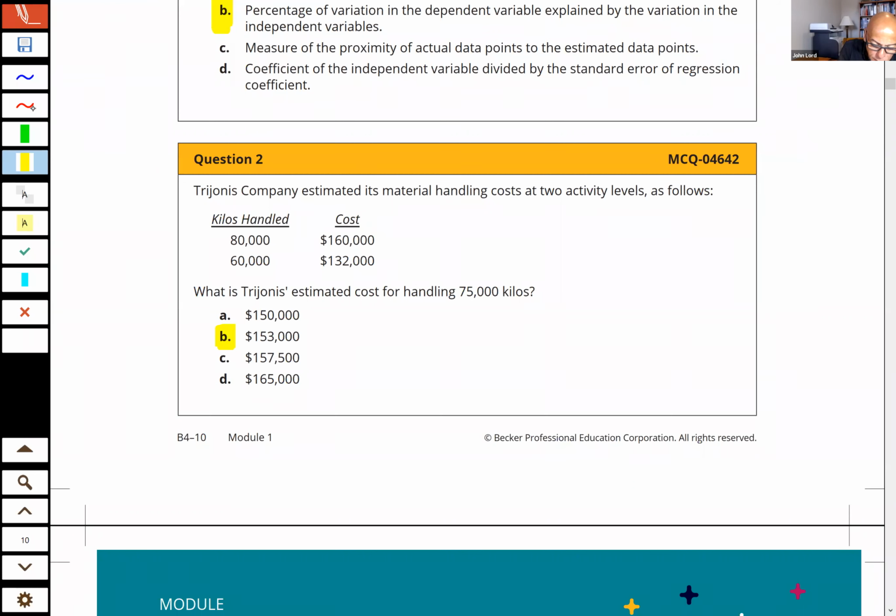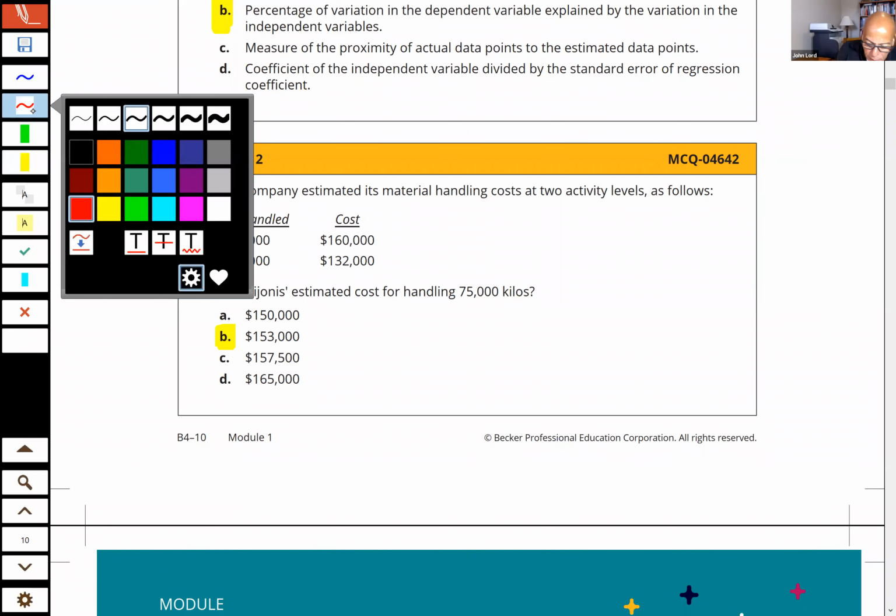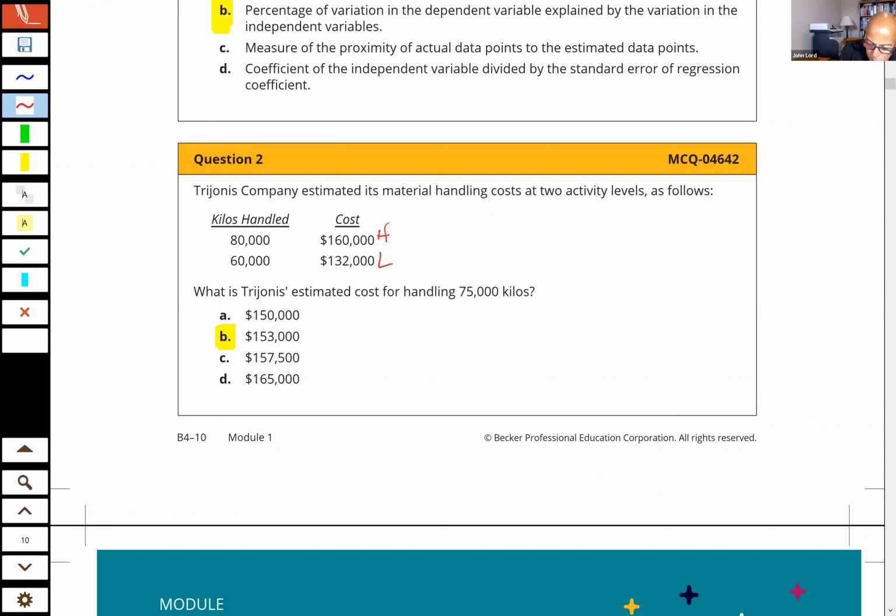They give us these observations, and we can see that we have a high and we have a low. Now, I don't think the CPA exam does this, but if you run into a question in which you have a series of observations, but maybe you have a high in the units that isn't matched by the same high in the cost, all that's telling you is that this is not a perfect linear relationship.